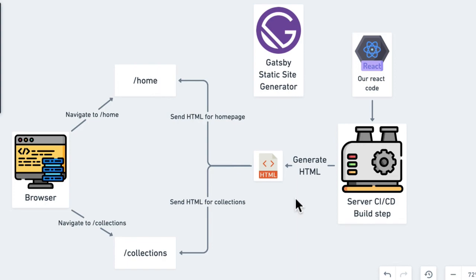So similar to when we run build with Create React App, when we push our Gatsby code up to a server or up to a hosting platform of some kind, they will run the build script, which will automatically generate all of the static HTML that our browsers end up using in order to display the views, which means that none of this code is generated dynamically. It's all generated way ahead of time when you push your code up onto your server. So this is the main difference with Gatsby.